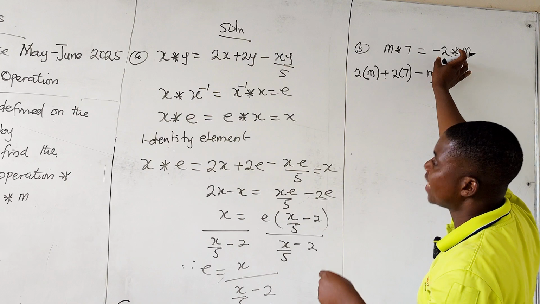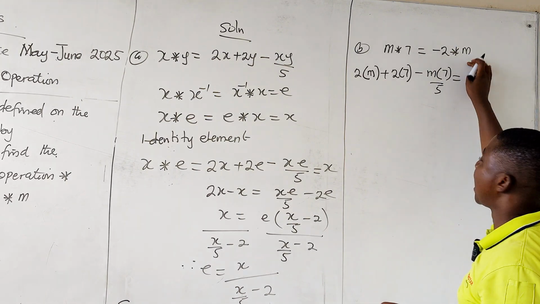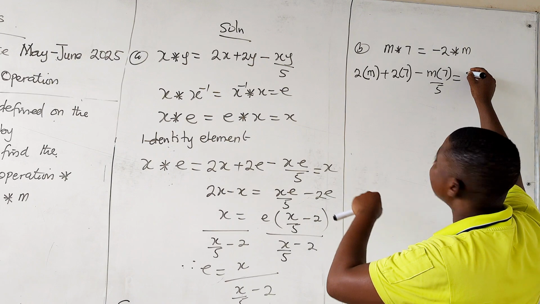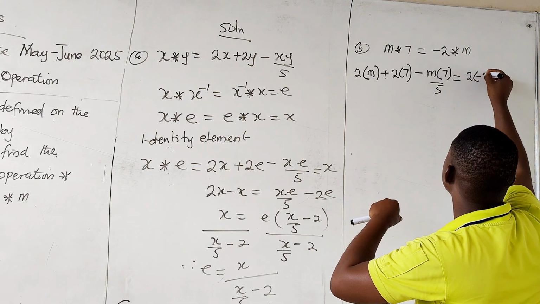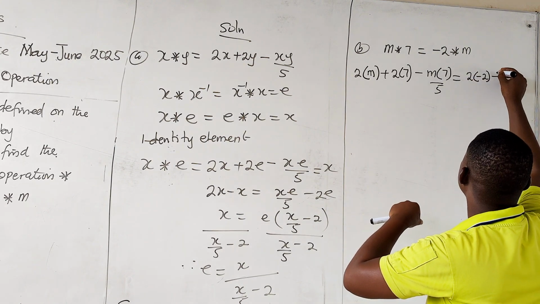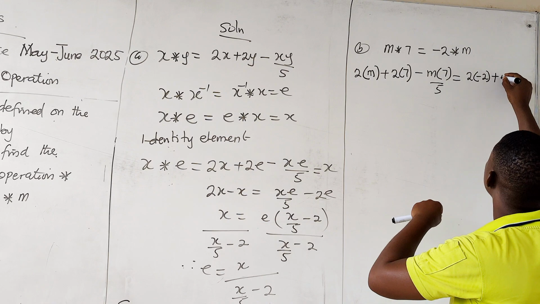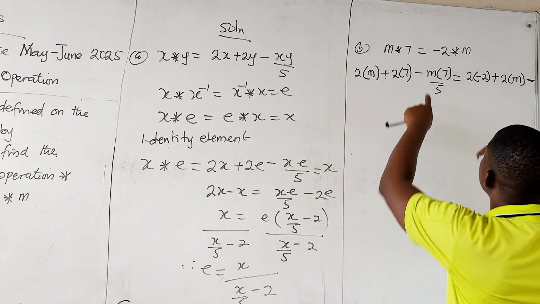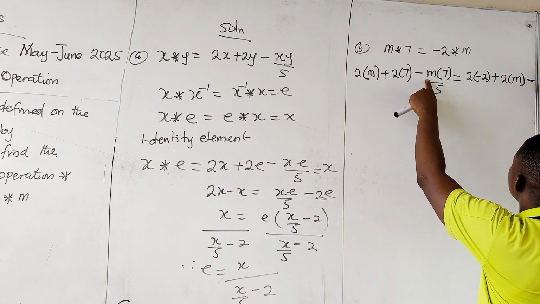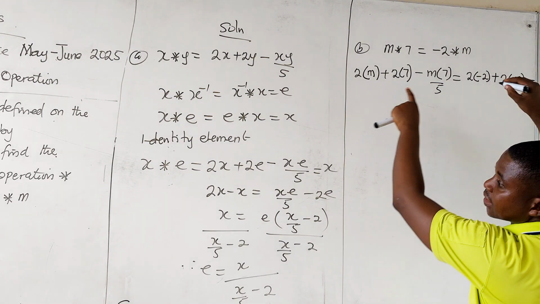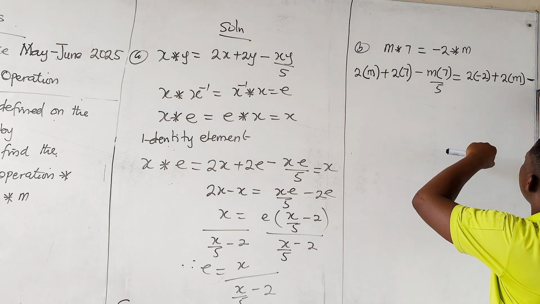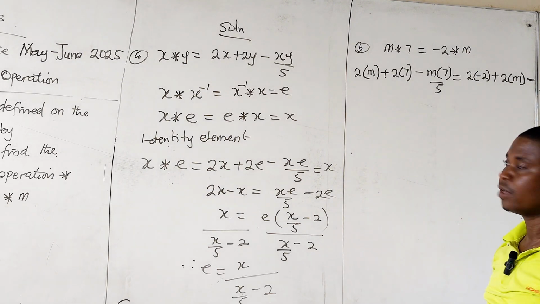Wherever we see our x, it is negative 2, and our y becomes m. So we have 2 times negative 2 plus 2 times m minus negative 2 times m all over 5.